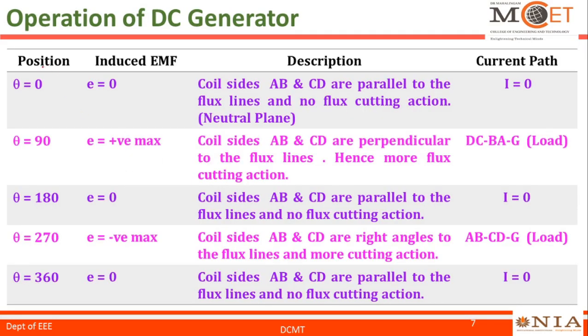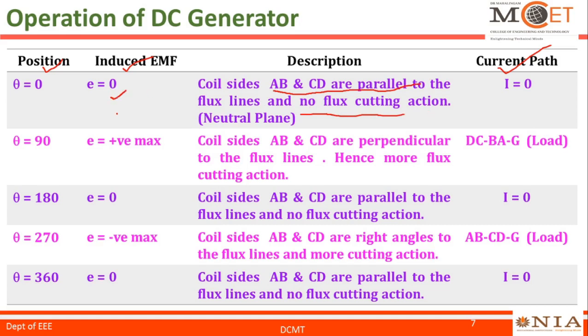Column 1 indicates the position of the conductor and flux lines, column 2 indicates the induced EMF value, and the description says whether the coil sides are perpendicular or parallel to the flux lines and the respective current path. At theta equal to 0 degrees, induced EMF is equal to 0. Both coil sides are parallel to the flux lines, so no flux cutting action.